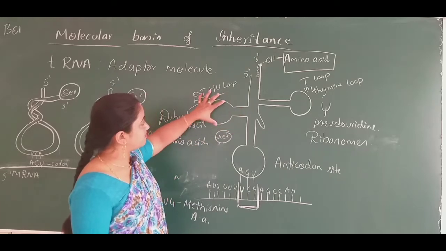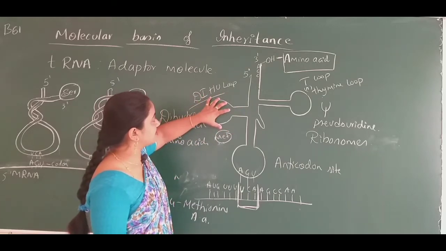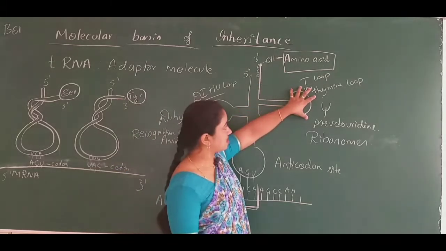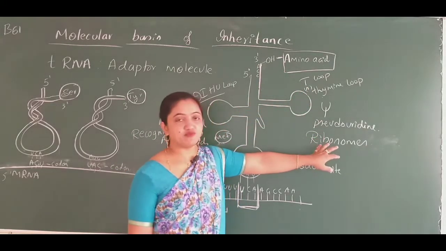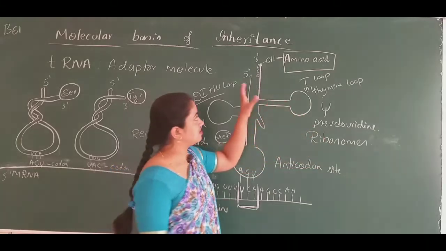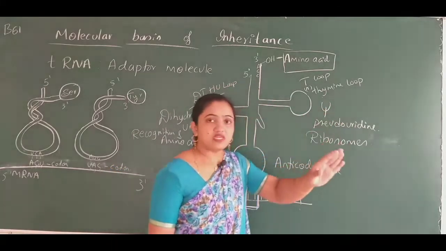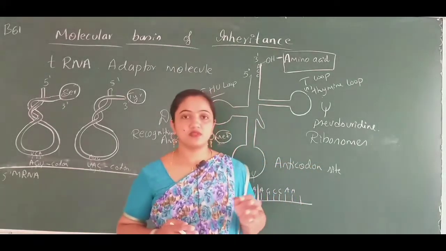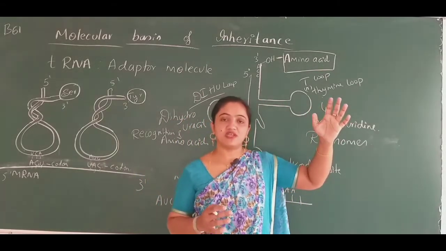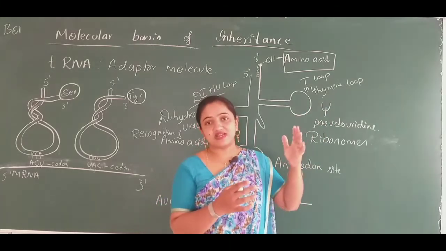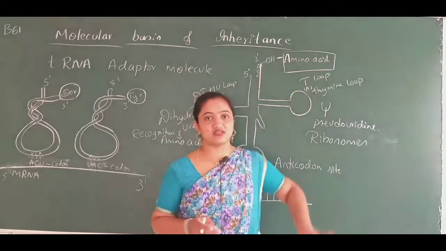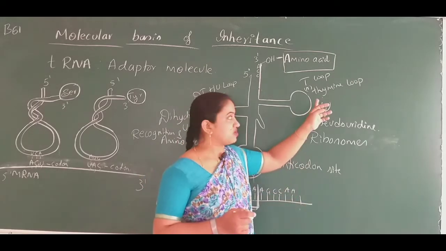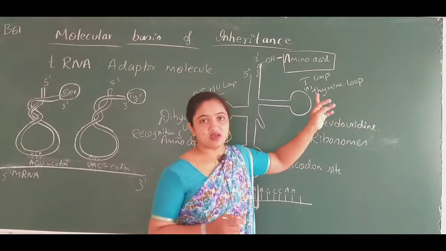And one more loop it has recognizes the amino acid, and this arm recognizes the ribosomes. All right. So the tRNA plays many roles. One arm is attaching with the amino acid, one arm is coding with the mRNA, one more arm is recognizing the ribosomes.